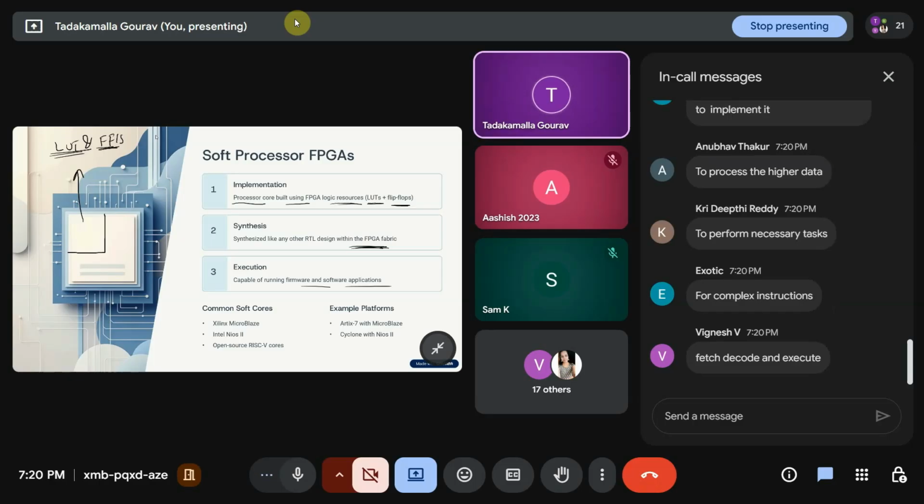For running your operating systems or your applications, you need a processor. That is where you use a processor. Is it clear for everyone? If you want to run your custom application or your operating system, then you definitely need a processor. That is where we need a processor, right?